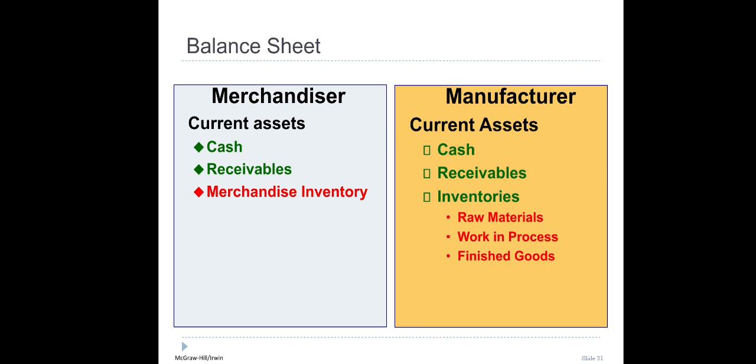But for a manufacturing business, in the current assets, the business has three inventories. A manufacturing business has raw material inventories, work in process inventories, and finished goods inventories.